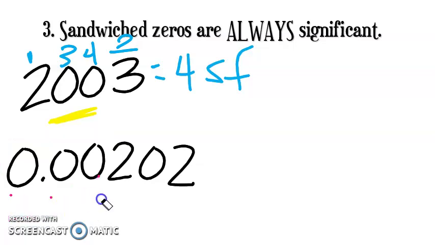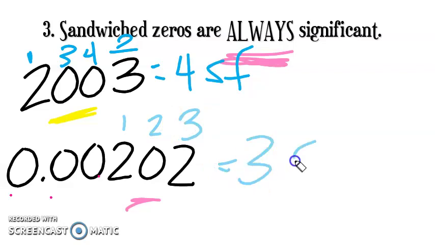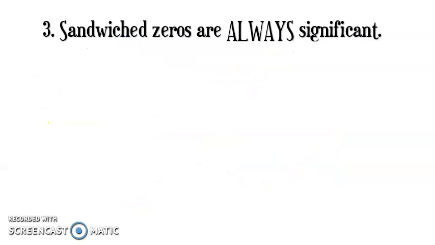Now we do have another 0, and it is right here. And this 0 is sandwiched, and again, sandwiched zeros are always significant. So this one will count. So that's going to be 1, 2, 3 sig figs.